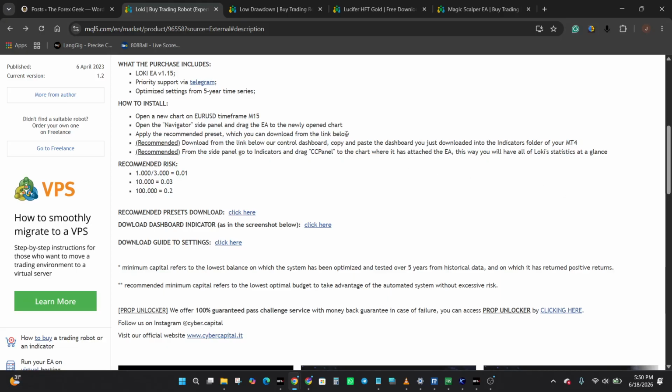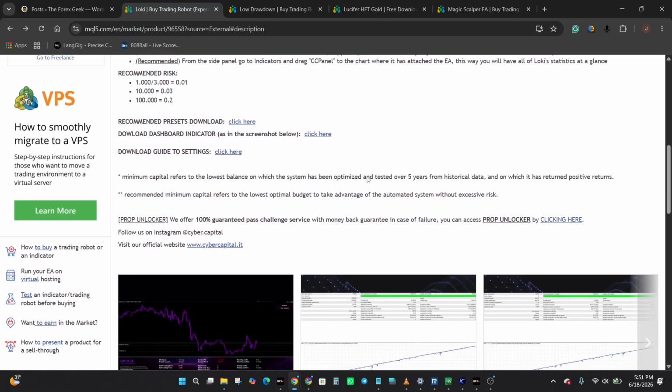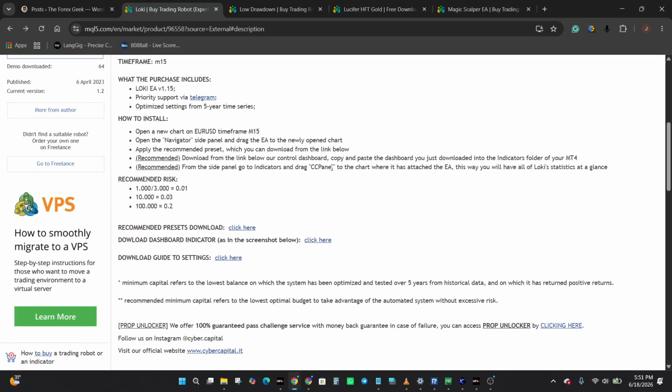The EA is attached to a Euro USD M15 chart, and the recommended preset can then be applied. The optional dashboard can also be installed for monitoring performance statistics more conveniently. Moving into the backtesting section, I am going to be running the historical test using the developer's recommended market context, which is Euro USD on the M15 time frame.